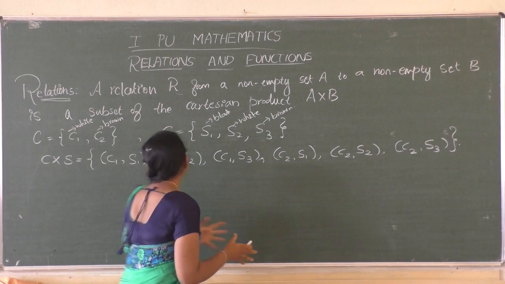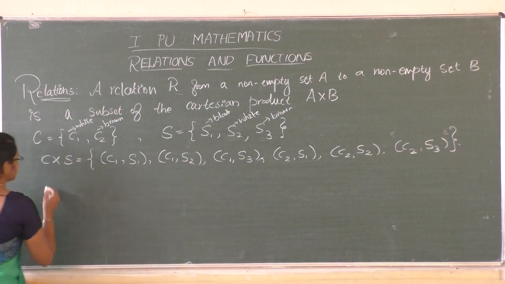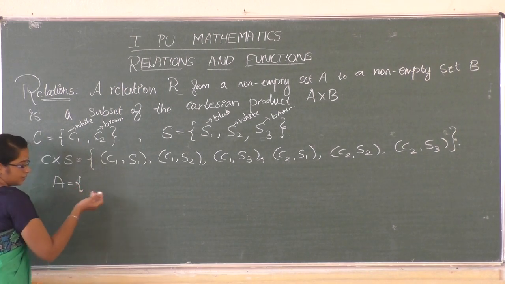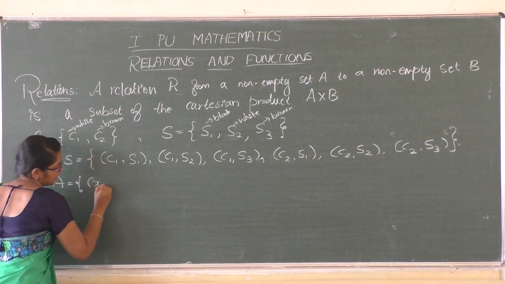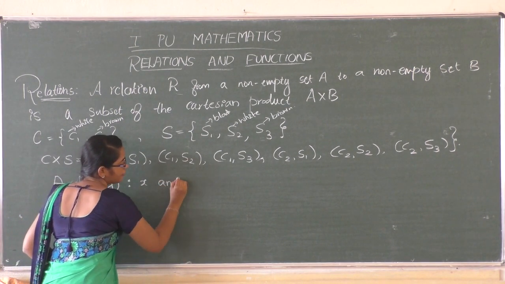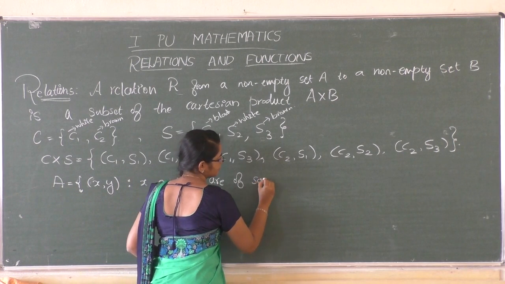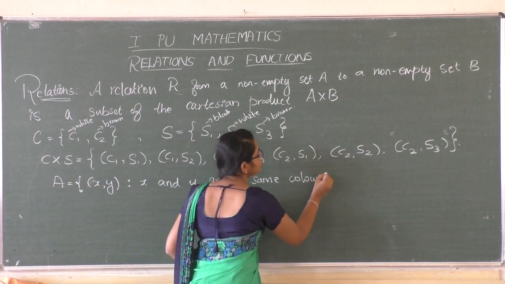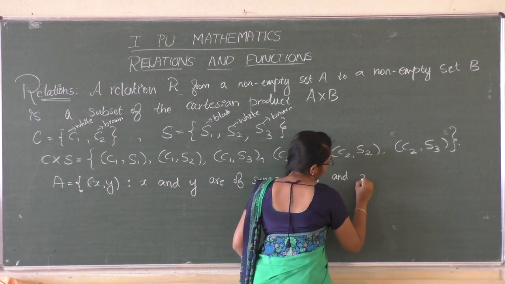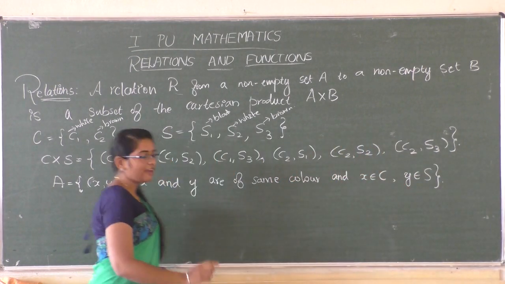Okay, now if I pair white color cup with the white color saucer, what will I get? See, consider the set A to be the set of all ordered pairs (X, Y) such that X and Y both are of same color, and X belongs to C, Y belongs to S. Then what will I get?